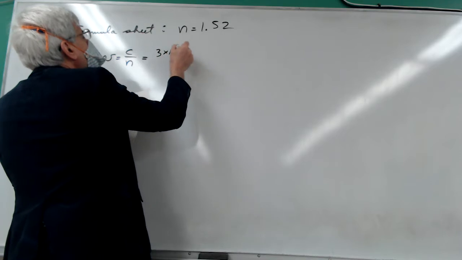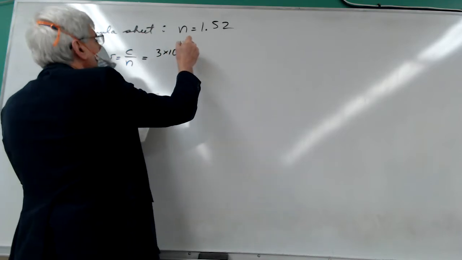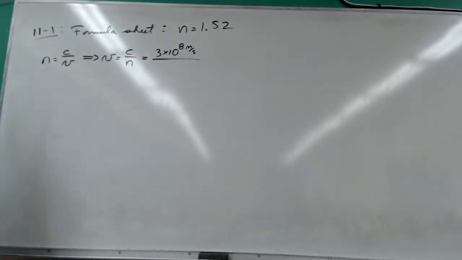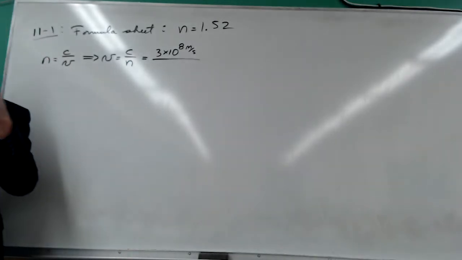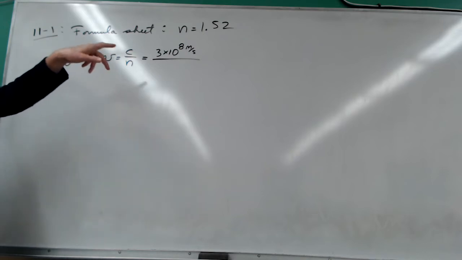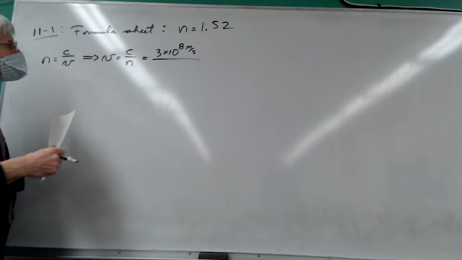3 times 10 to the 8th is good for 3 significant figures. Actually, on the formula sheet, I gave it 1 more decimal place. If anybody wants to really play it safe, it's actually 2.998, but this is good enough.